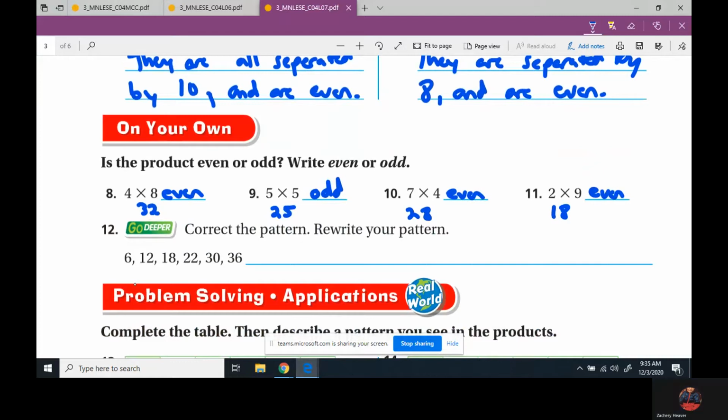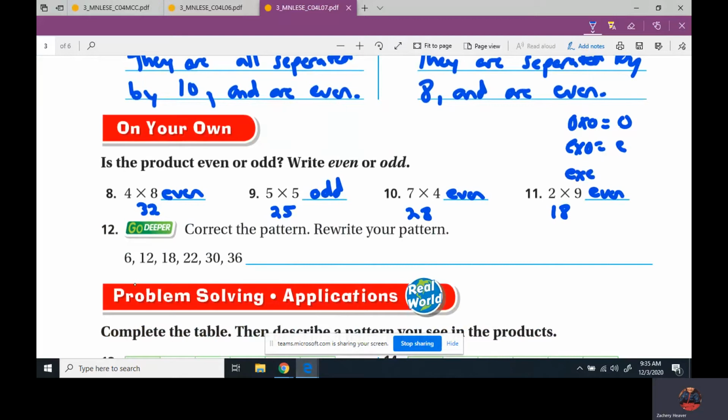So what they're trying to get you to see here is, and this is something you'll learn, an odd times an odd equals odd. And even times an odd is even.